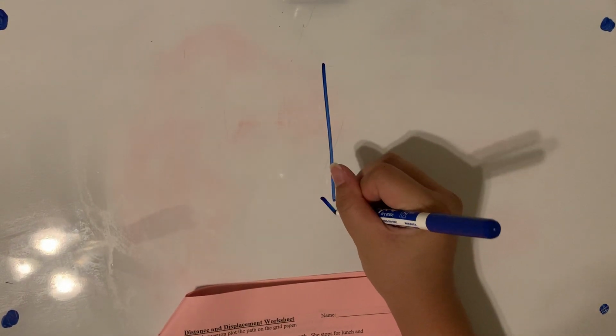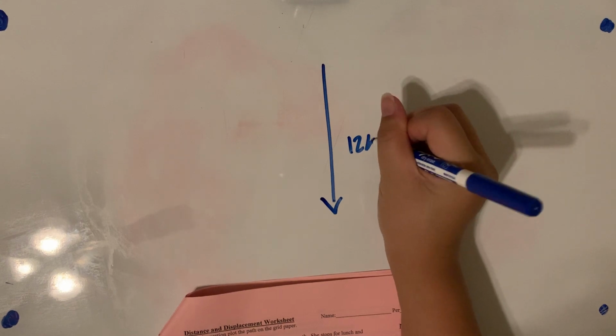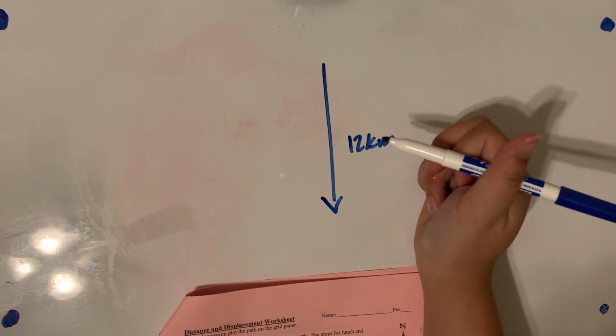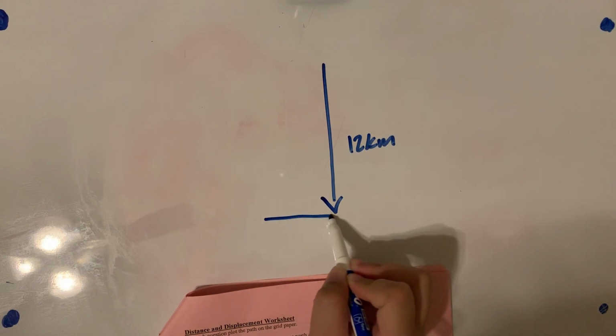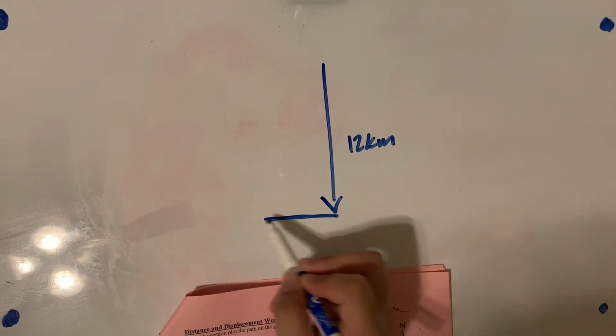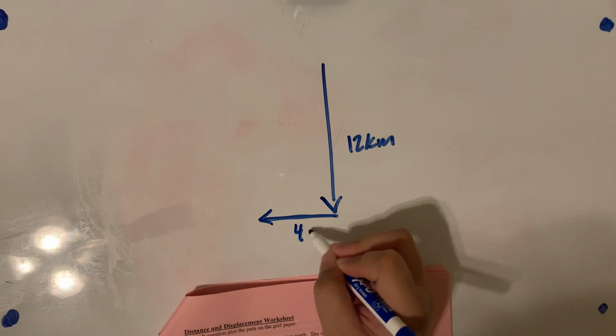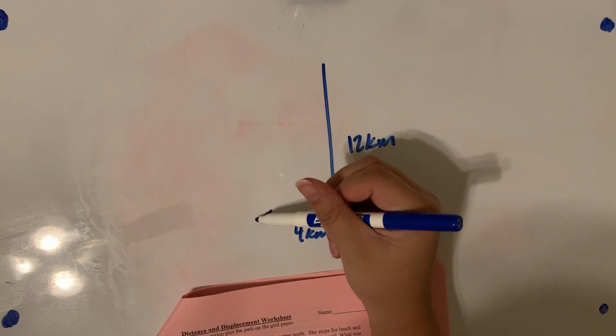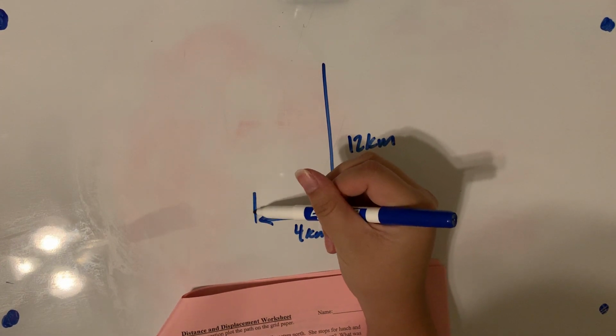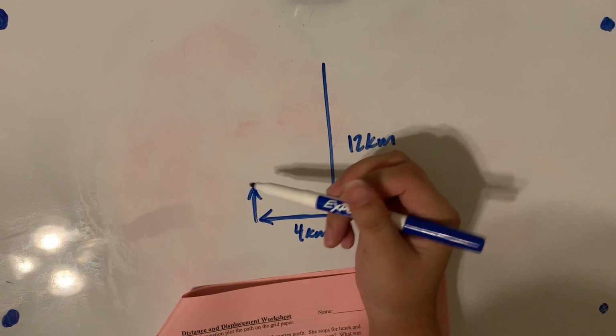Okay? So, draw my arrow. He goes south 12 kilometers. The fish aren't biting, so then he goes west 4. Okay, so let's say that's 4. Then they follow a school of fish 1 kilometer just north. So from there, we can say that's 1.